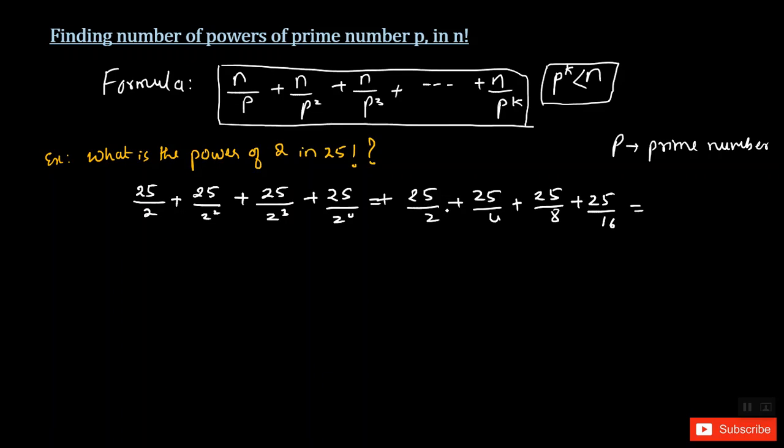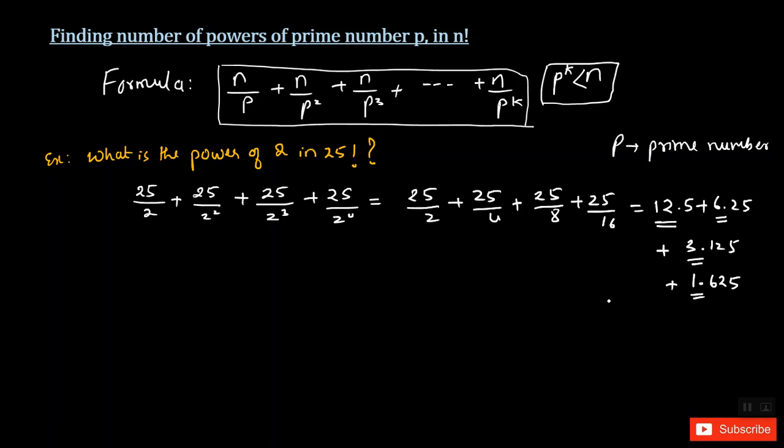Whenever we divide, 25 by 2 gives 12.5, plus 25 by 4 is 6.25, plus 25 by 8 is 3.125, plus 25 by 16 is 1.625 or something. As I told, we have to consider only the whole number and ignore the decimal part. So I consider 12, 6, 3 and 1.